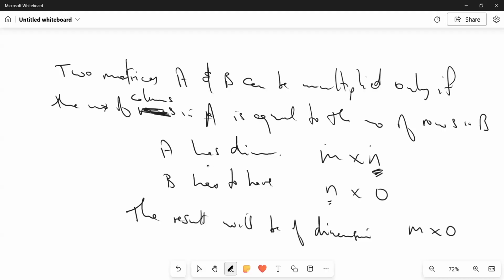The columns in the first one, A, have to equal the rows in the second. I'll show you what I'm saying there.